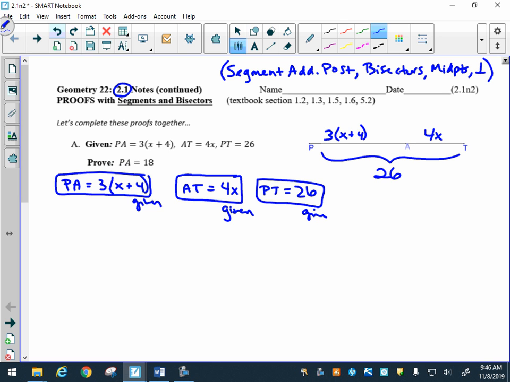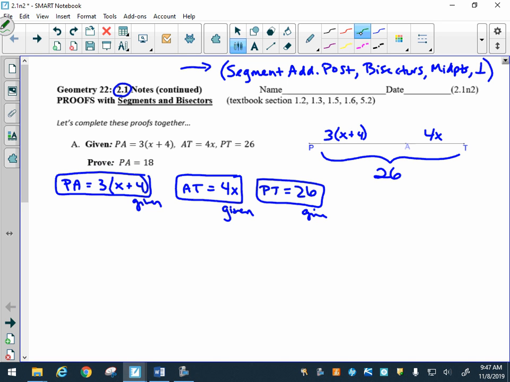So we're going to look at our diagram, we're going to look at our information, and we're going to say what conclusions can we make, or what one of our new vocabulary can we apply here. So this one's going to be a segment addition postulate. Remember, in all proofs, what we want over here or somewhere is a general statement, a general equation that we can substitute into.